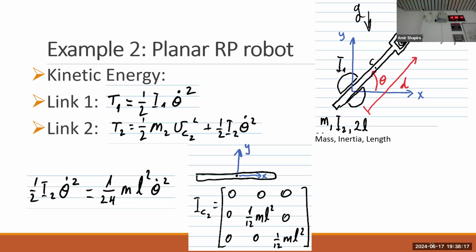And I1 is only the inertia around the Z axis. Link 2: we have the kinetic energy, which is the linear kinetic energy plus the rotational kinetic energy. Again, because here it's only planar, the omega transpose I omega is simply I theta dot squared.